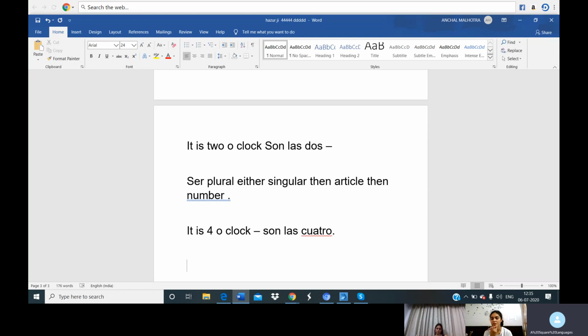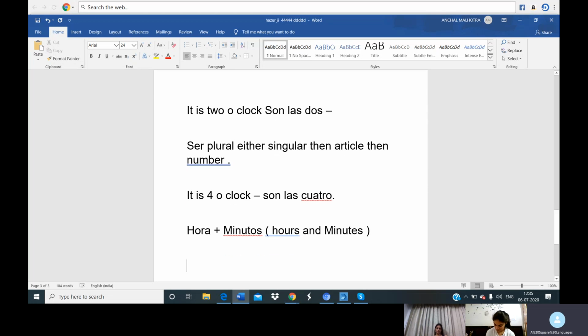Okay. Now we'll move to the pattern of hora plus minutos. Minutos is my minutes. Hora is my hours.